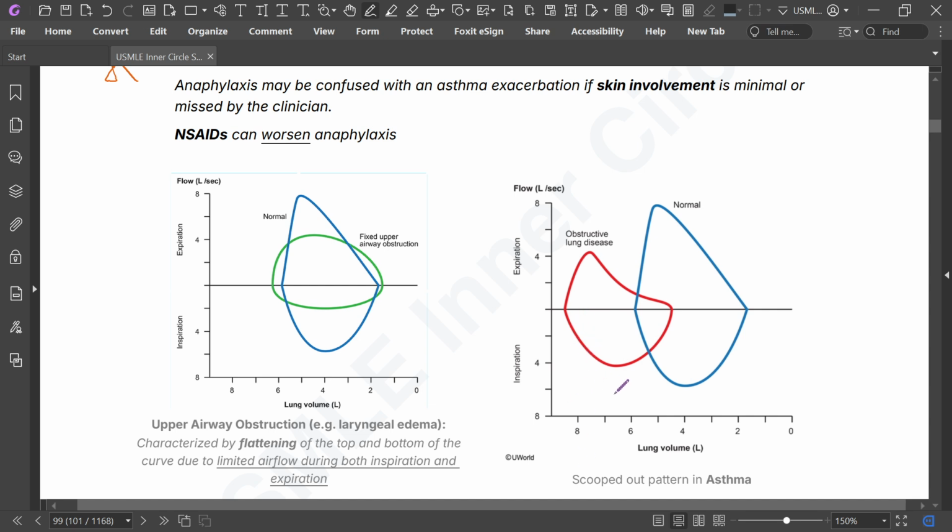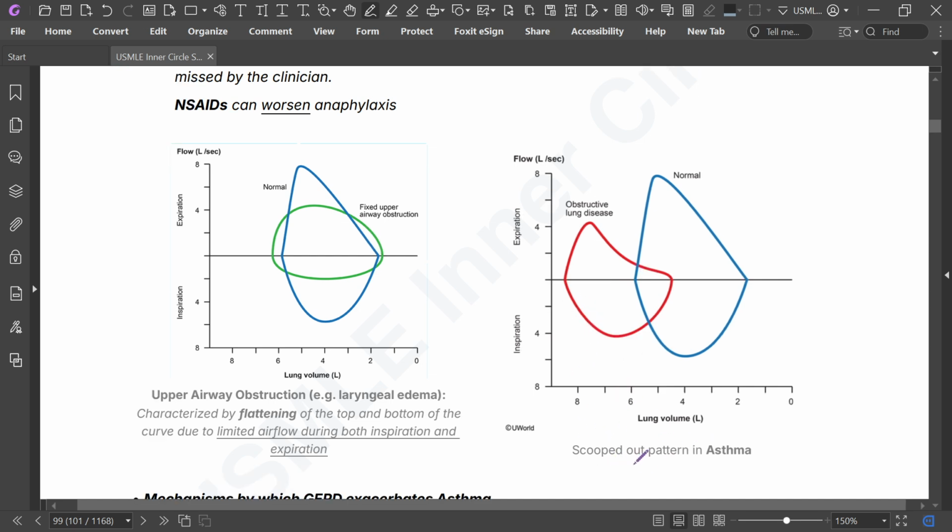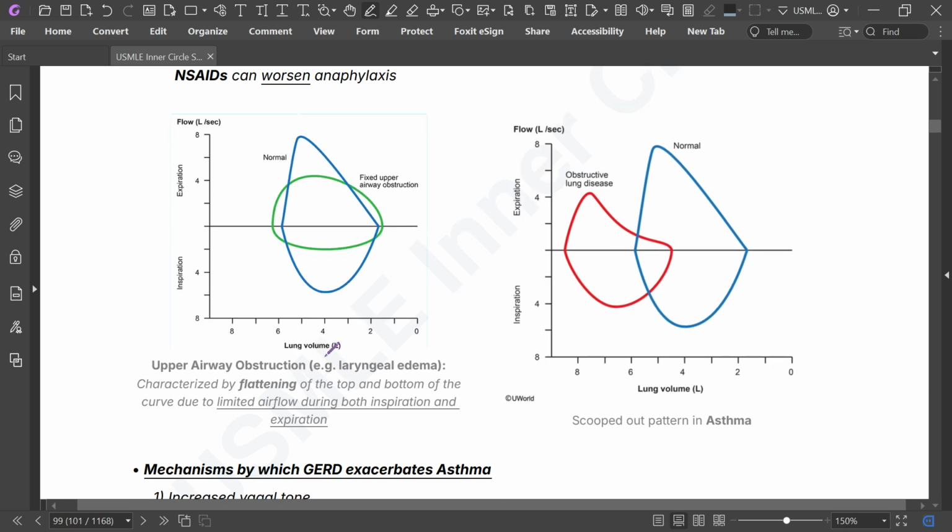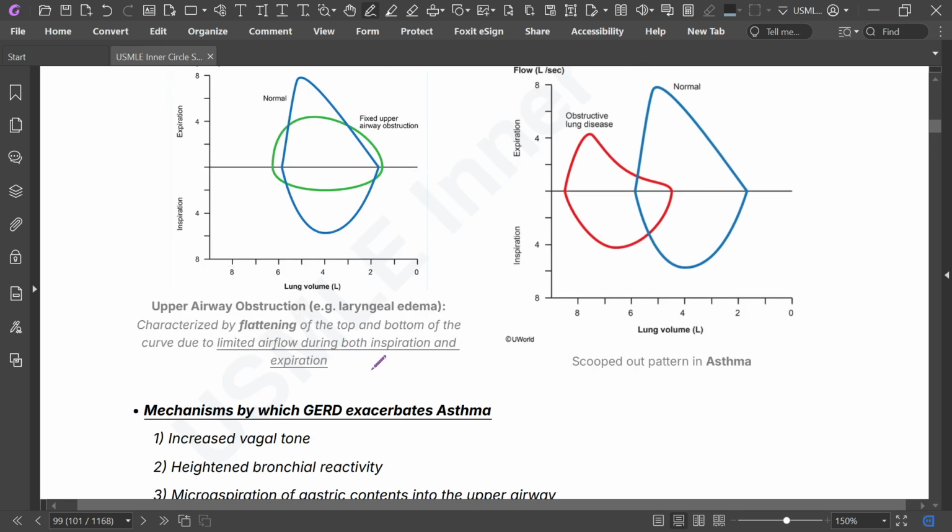In asthma, the residual volume is higher with a scooped-out pattern. This other curve shows a fixed upper airway obstruction, that is laryngeal edema, characterized by flattening of the top and the bottom of the curve due to limited airflow during both inspiration and expiration.